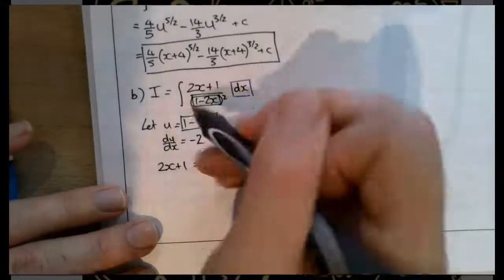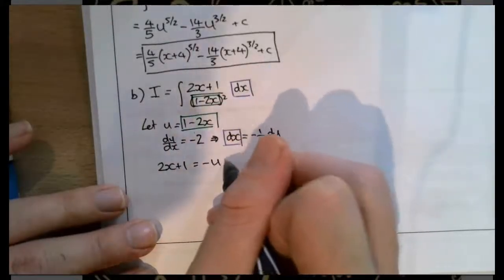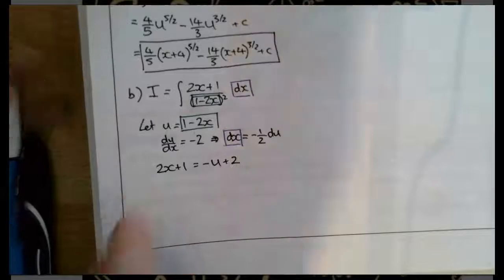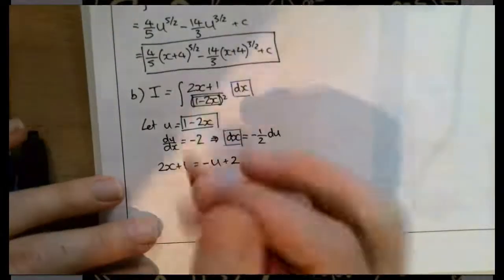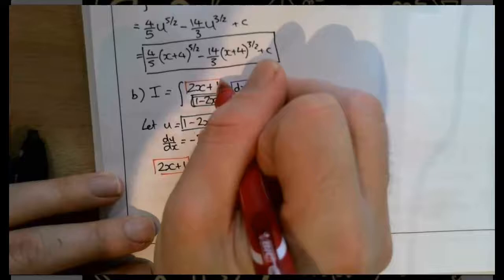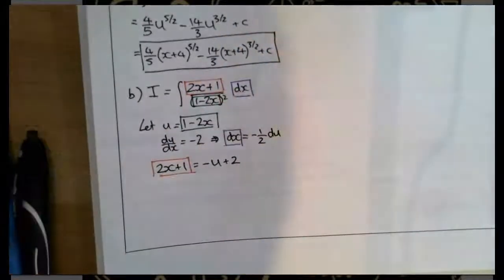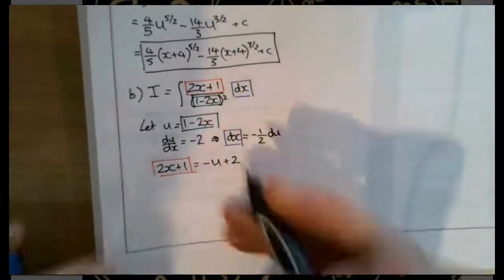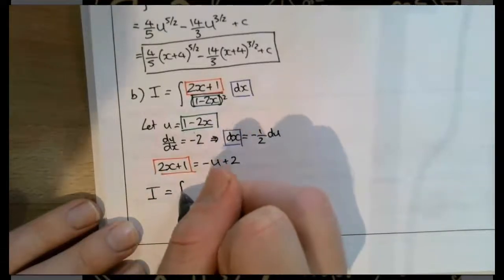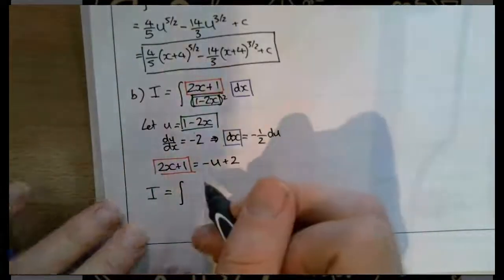So I need to add 2 to that. It's going to be minus u plus 2. So 2x plus 1 is the same as minus u plus 2, meaning that I can use my substitution to switch all these things out.